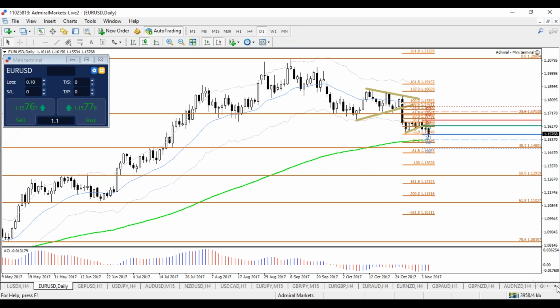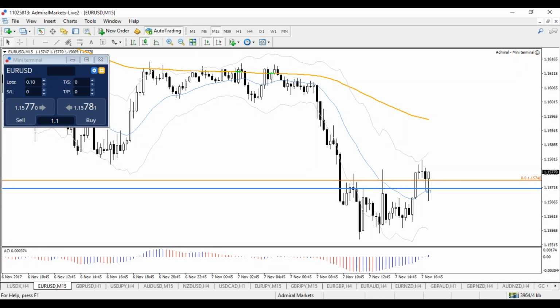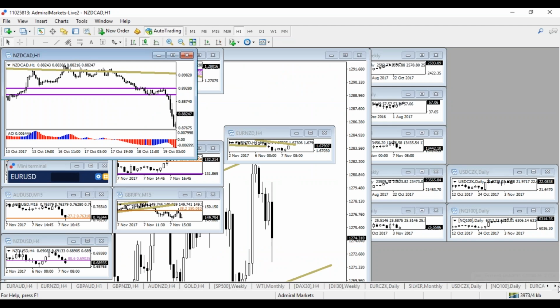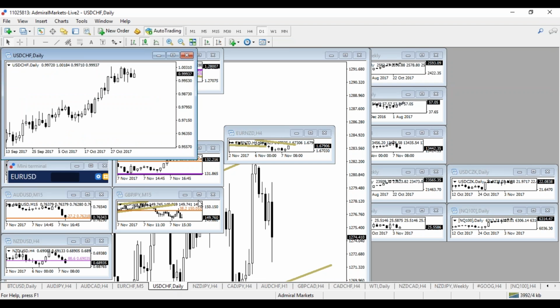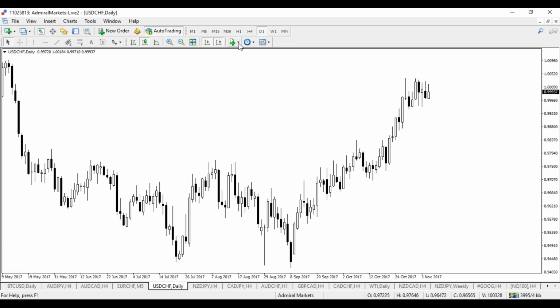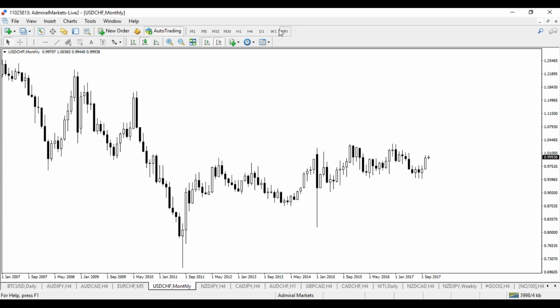Dollar Swissy, that's a good one. I haven't looked at the Swissy that much, to be honest, but let's take a look. There we go. Strong bullish candle last month.